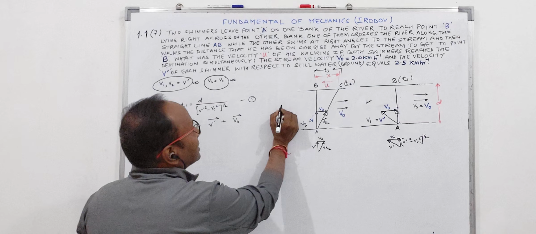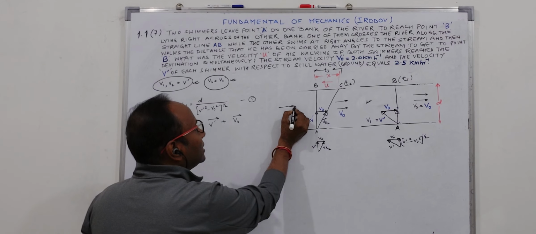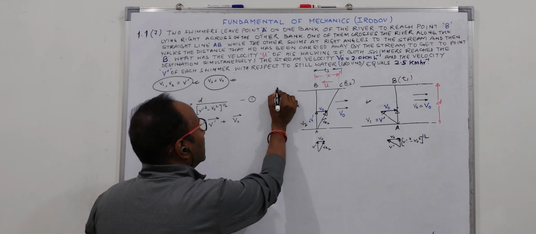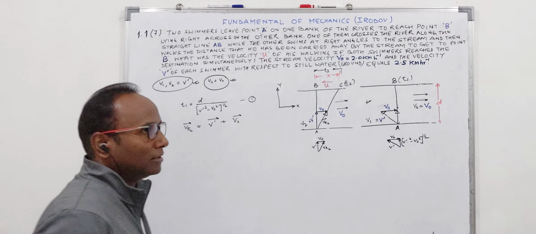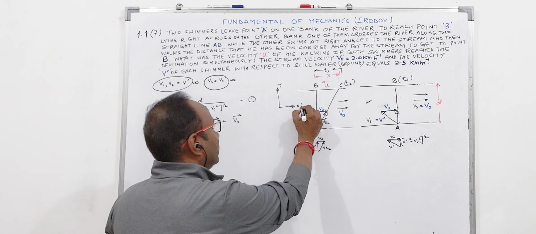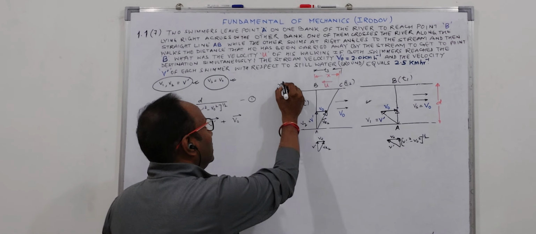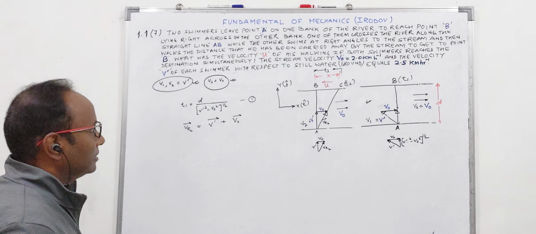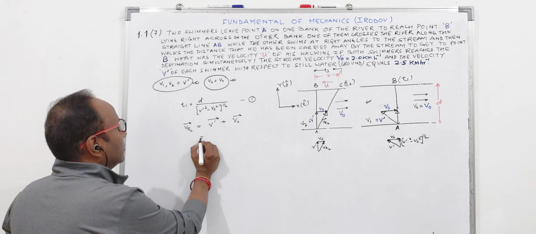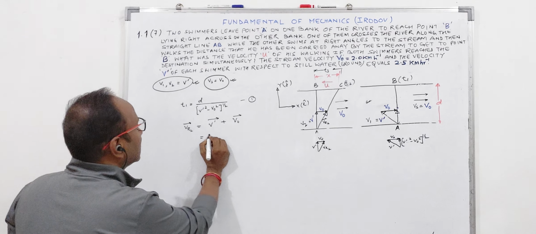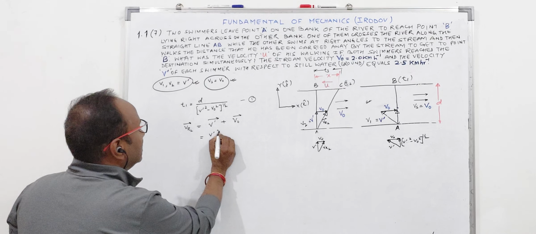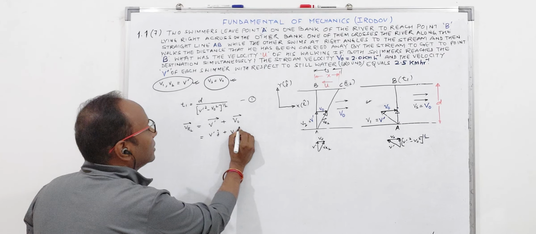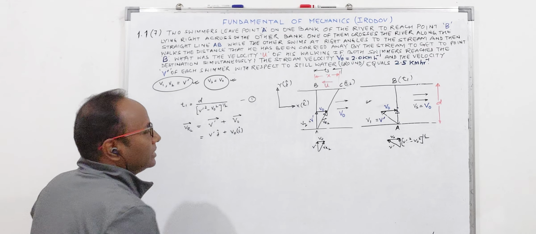If we take our axes for convenience, this side as x and this side as y, the unit vector in this direction is i and in this direction is j. So we can write it like this: v dash j plus v naught i.